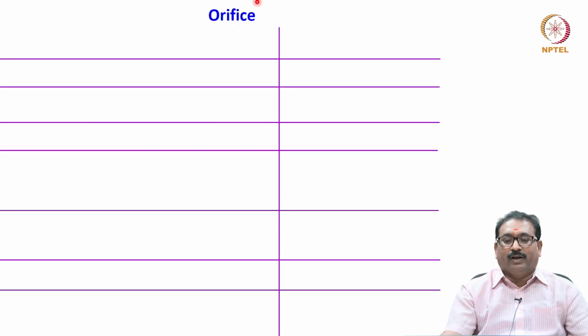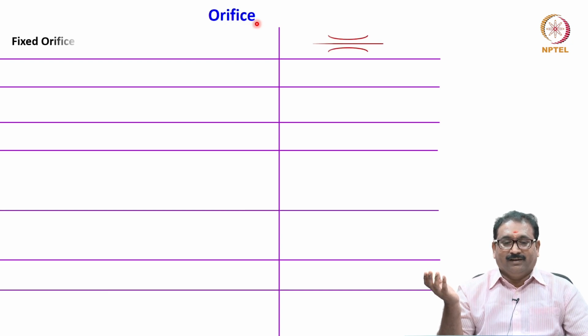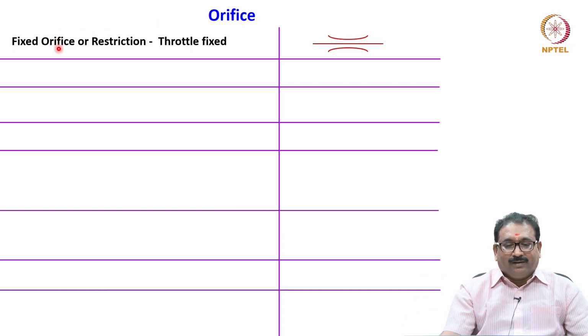Then I will tell you about the orifice. What is the orifice for? To control the flow rate in hydraulic systems or pneumatic systems, whatever it is. Now we will see this. The fixed orifice or restriction, meaning fixed throttle, is represented like this.